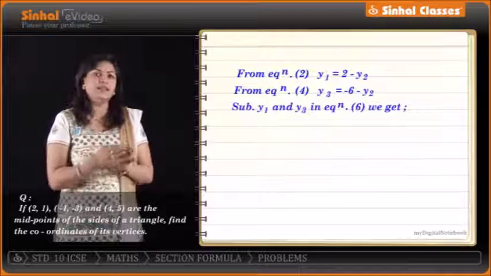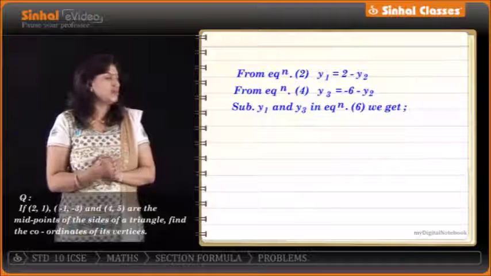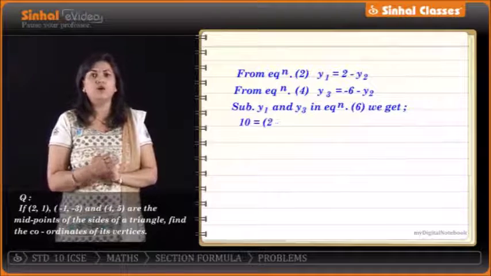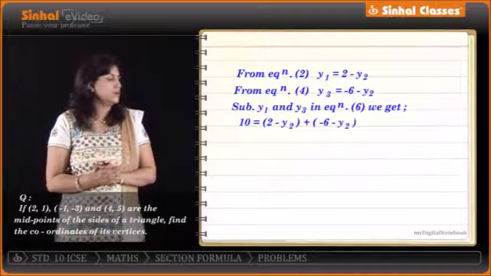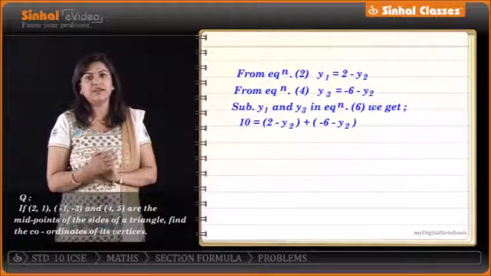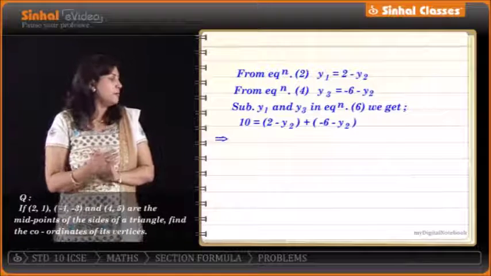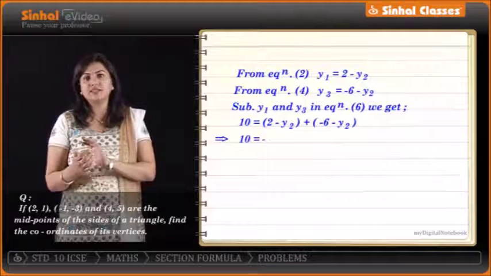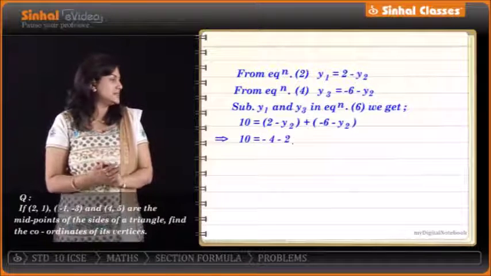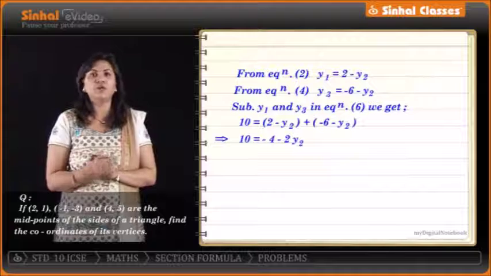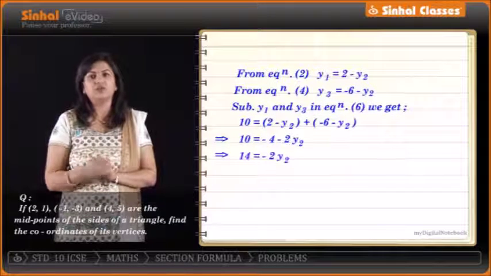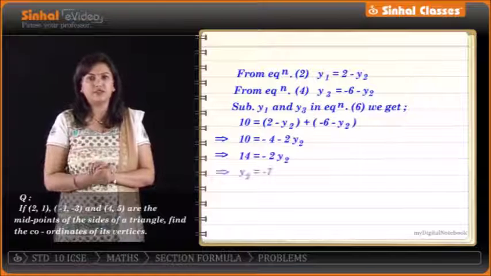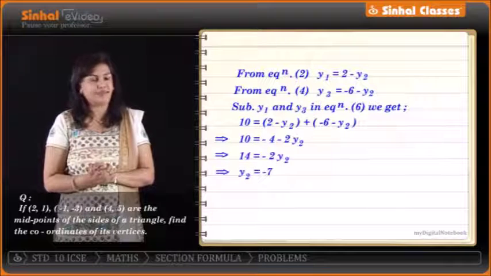We get 10 is equal to 2 minus y2 plus minus 6 minus y2. Simplify this to get 10 is equal to minus 4 minus 2y2. That is 14 is equal to minus 2y2. So we have y2 is equal to 14 upon minus 2, which is minus 7.